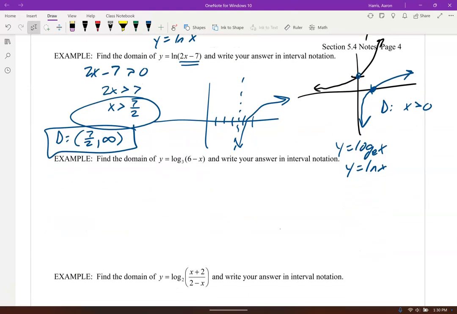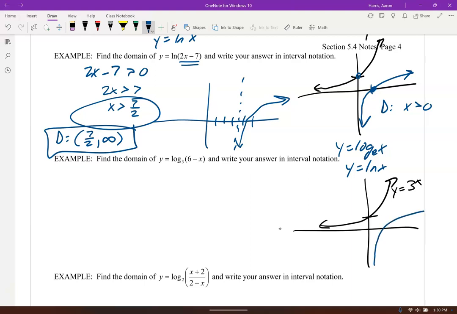Log base 3 of 6 minus x. Okay, well, here's 3 to the x. And we know log base 3 of x looks kind of like this, log base 3 of x, its inverse. And then we know x is positive, right? Well, we don't have log base 3 of x. We have log base 3 of 6 minus x.